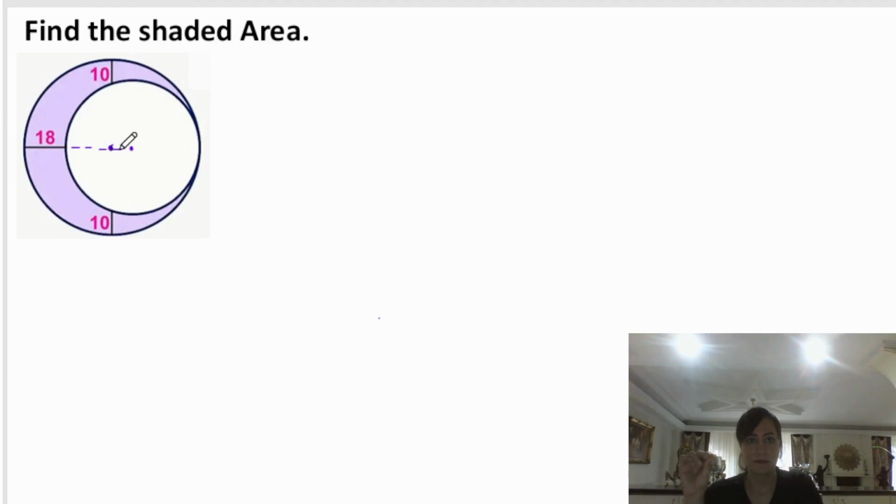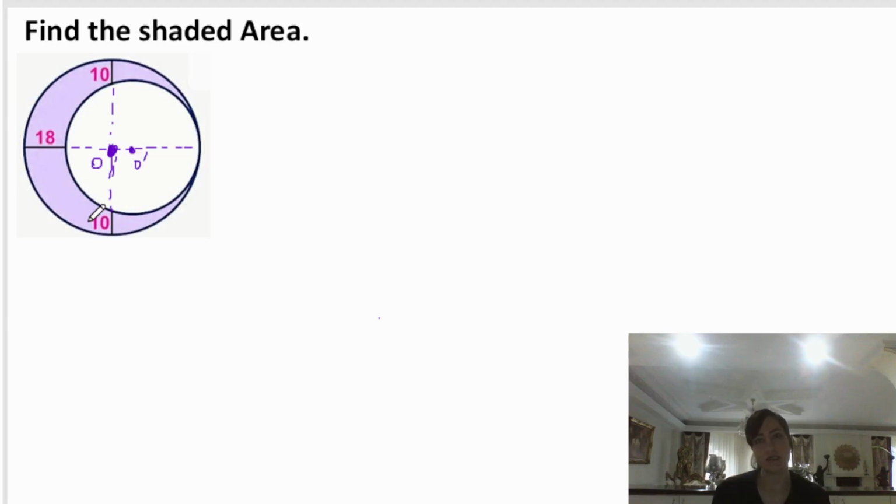Let me draw two lines that pass through the centers. The center of the outer circle I label O, and the center of the inner circle I label O prime. We are going to find the shaded area.